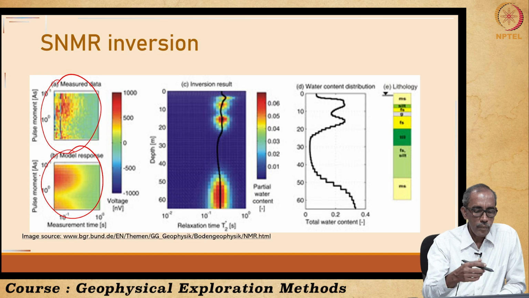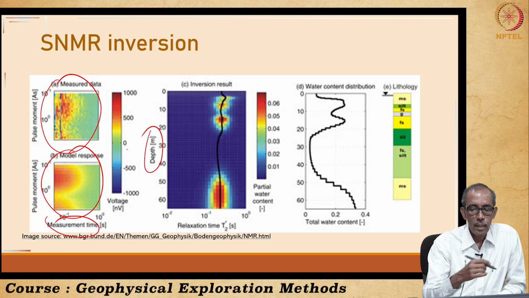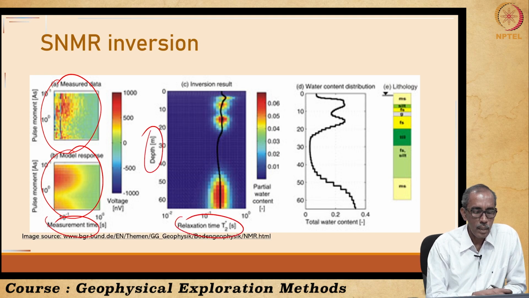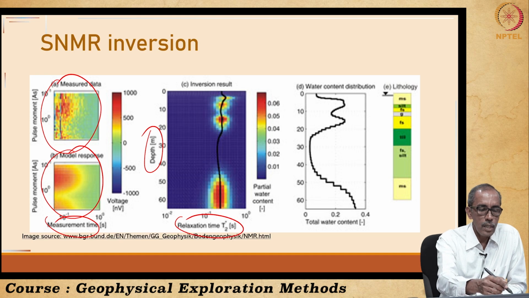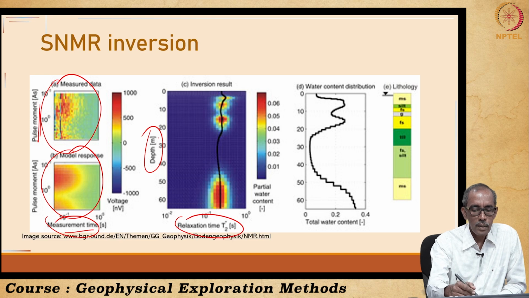Here you are converting the time in terms of depth, right, in terms of depth versus relaxation time. Here are the pulse moments versus the measurement time. The measurement time is converted into depth.